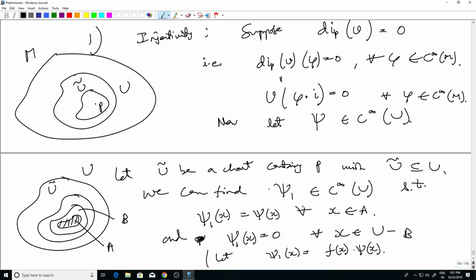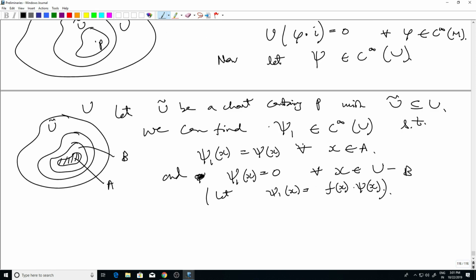And that's what I'm claiming here. Hence, as earlier, we can extend this new function C1 by 0.